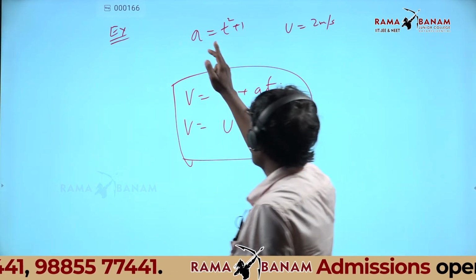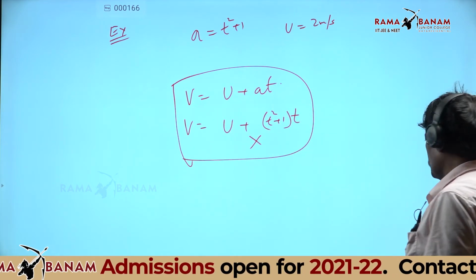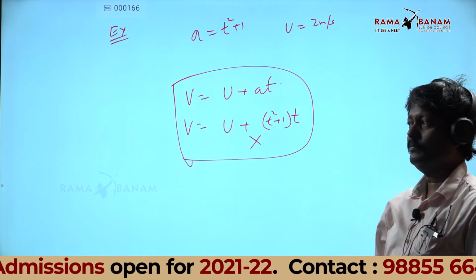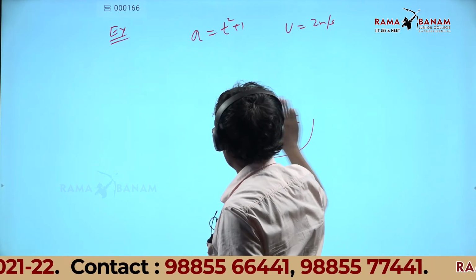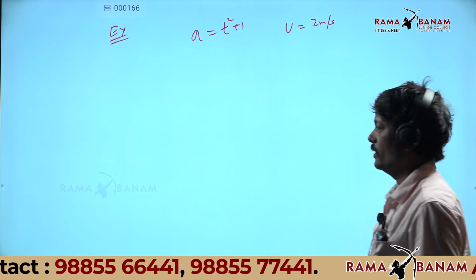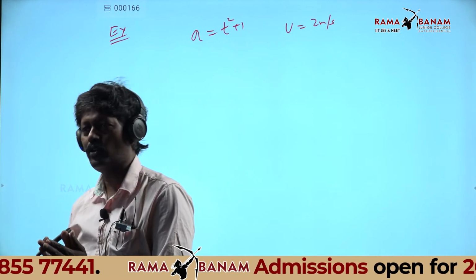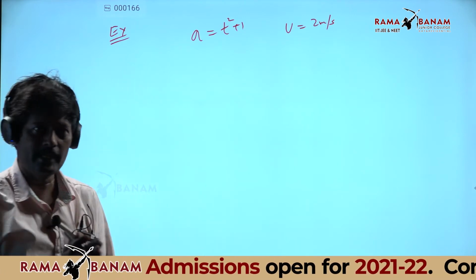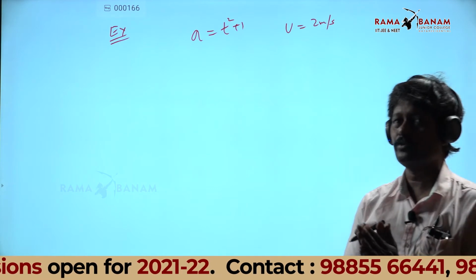If acceleration is not a constant, I cannot use v equal to u plus at. Acceleration is time dependent, so you cannot use that formula.